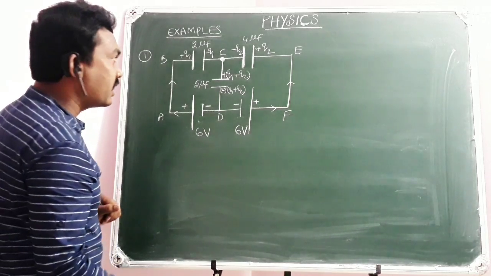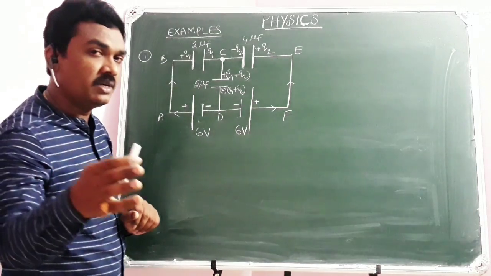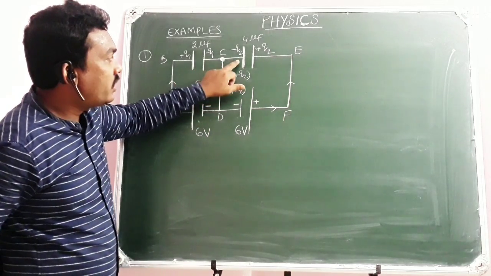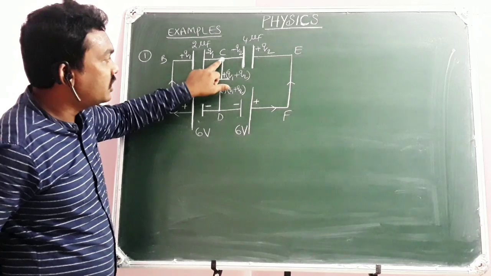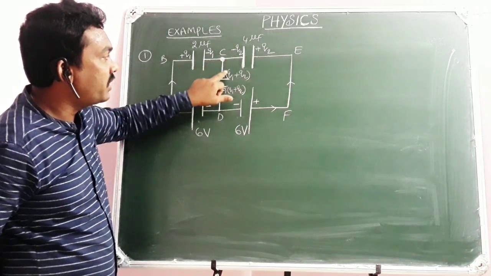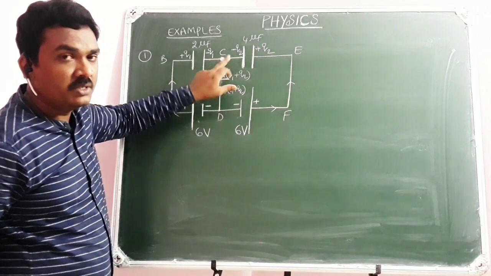That is the reason why Kirchhoff junction law of charges can be treated as: when there are different plates of capacitors meeting at a junction, the algebraic sum of all the charges on the plates meeting at a junction will be 0.